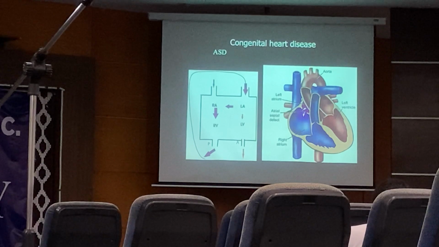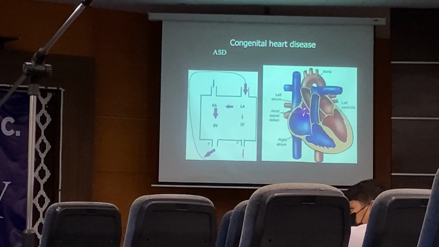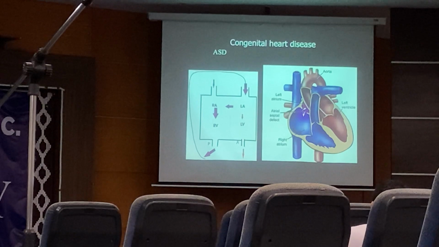So once you have a severe pulmonary hypertension, there will be a resistance of flow from your right atrium and ventricle, and instead of going to your pulmonary circulation, your blood flow would return back to the left side of the heart. So what do you call that? Eisenmenger syndrome.